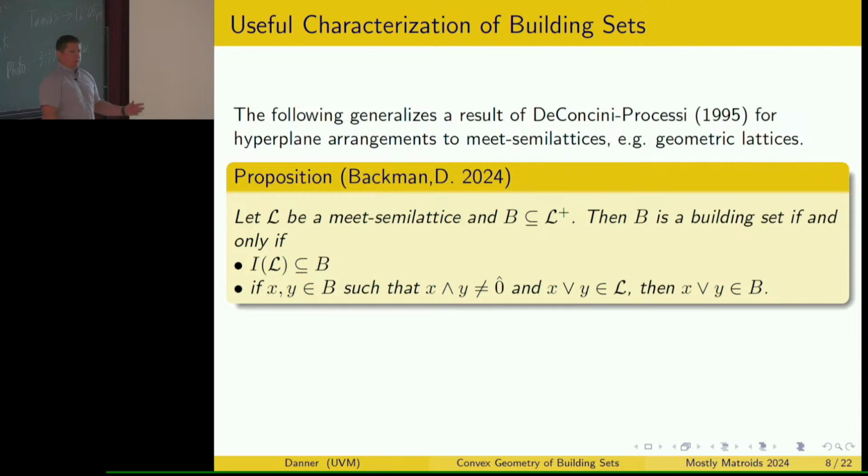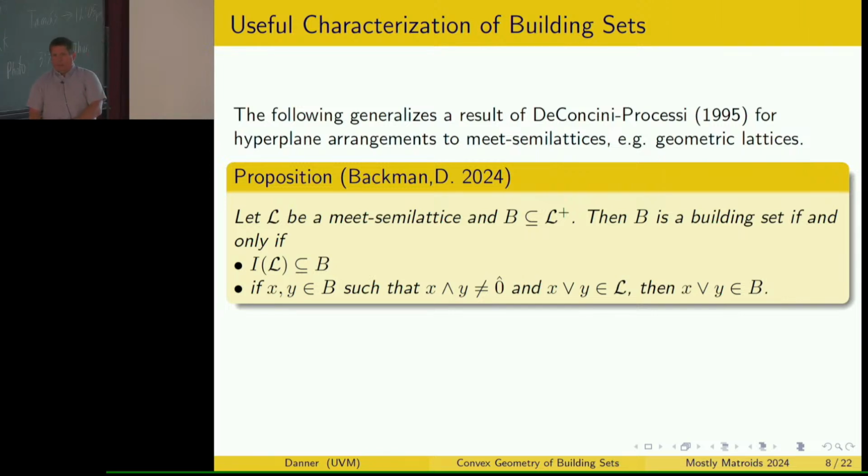So here's another definition of a building set. It was equivalent, and Dagon and Procesi had it in their paper as an equivalent definition. First of all, your building set has to have the irreducibles, because if you don't have the irreducibles, how are you going to get everything?